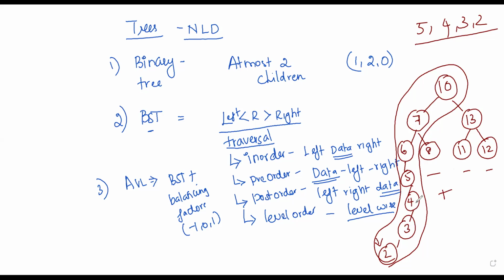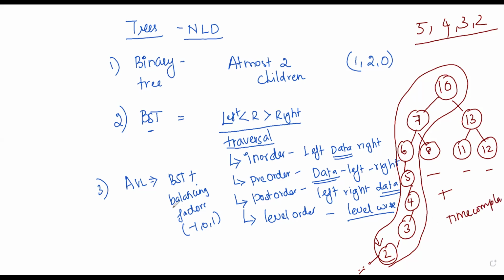But if there are more than 10,000 nodes and the tree is elongating in one direction, finding a node takes a large amount of time. The time complexity will be more.